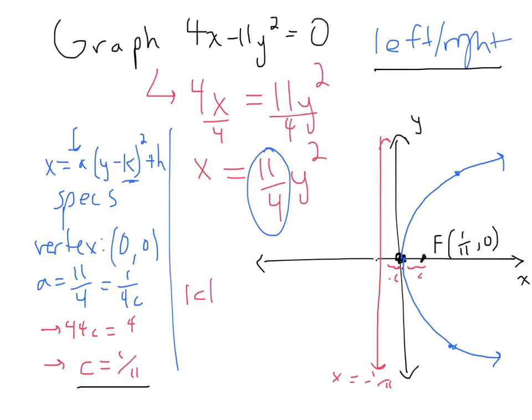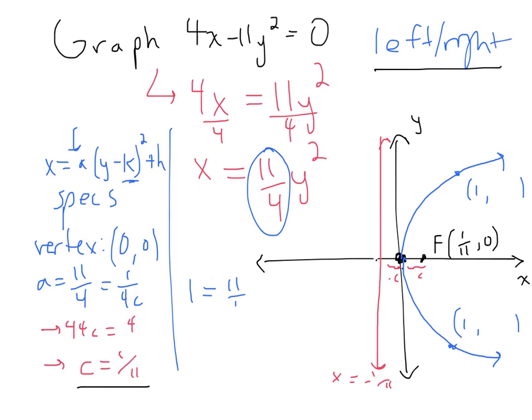So for example, let's just say this is 1, comma something. I'm just picking that point 1. I know this is not drawn to scale, but we can plug in a 1 for the x coordinate, and we can solve for the y coordinate.